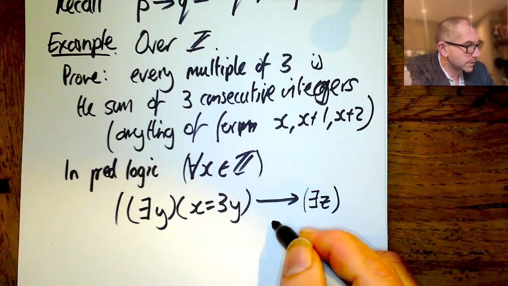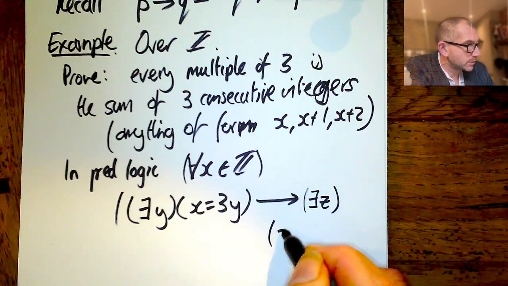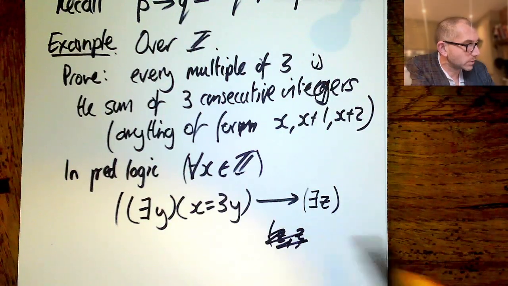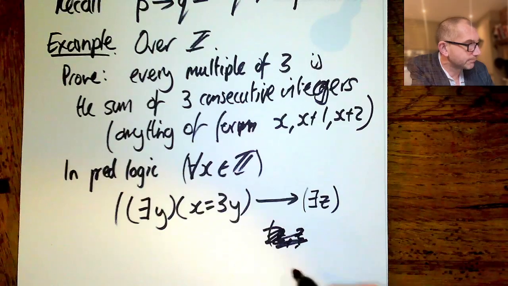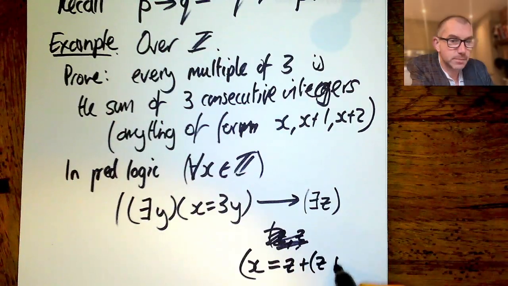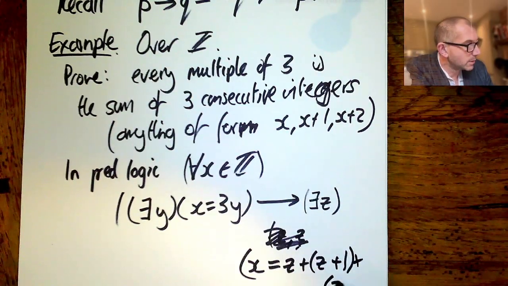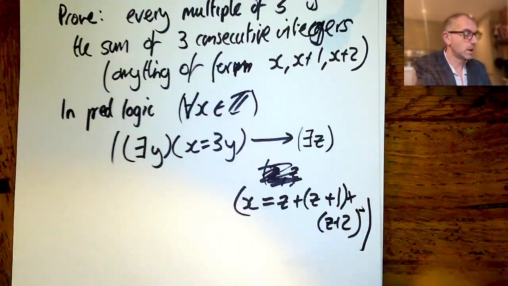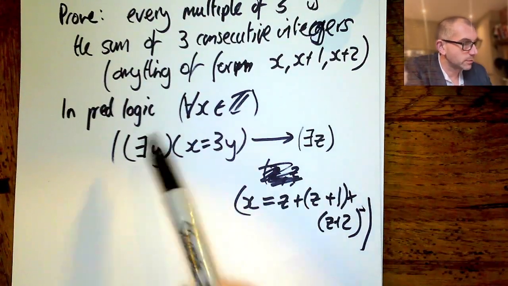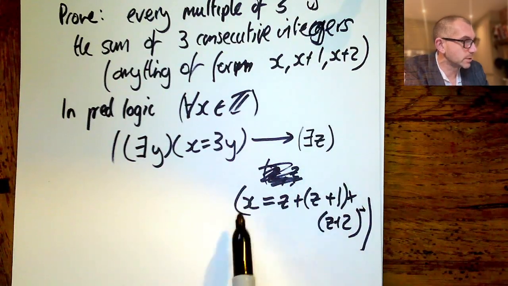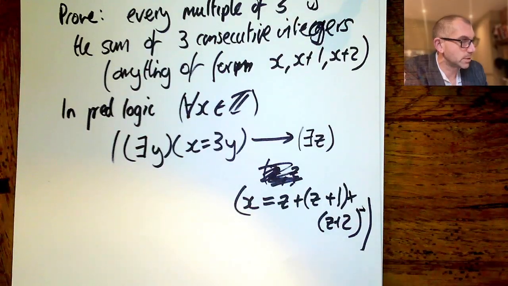So there exists a z such that x is equal to z plus z plus 1 plus z plus 2. Okay, spread out over a few lines there. But anyway, there exists a y such that x is equal to 3y implies that there exists a z such that x is equal to z plus z plus 1 plus z plus 2.